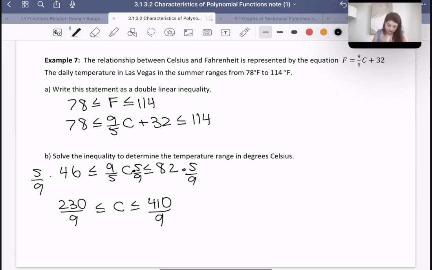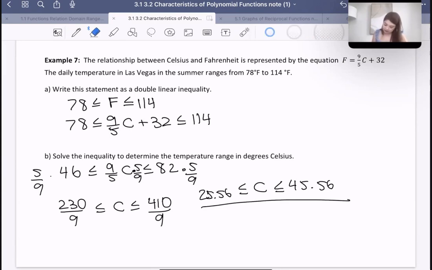And then let's find that in decimals. We're going to have about 45.56. And what's 230 divided by 9 in decimals? That's going to be 25.56 approximately. And so that is our approximate range. I did round there, so it's not our exact range, but that's about the range in Celsius.